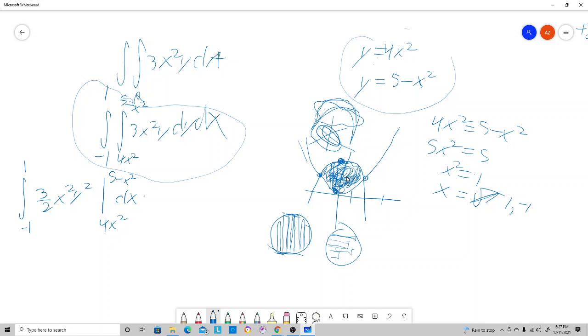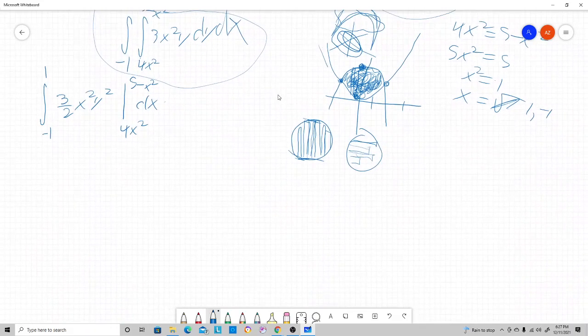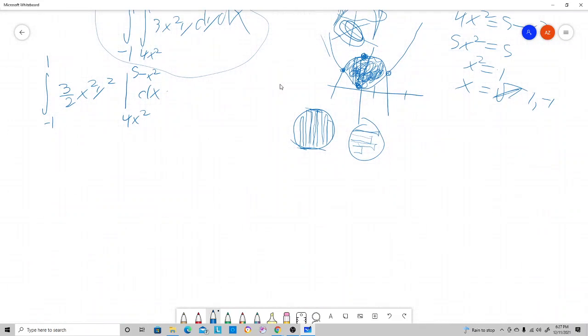So now we can go down. Let's substitute in the points. So -1 to 1, and this is a constant, so 3 over 2 can come out.